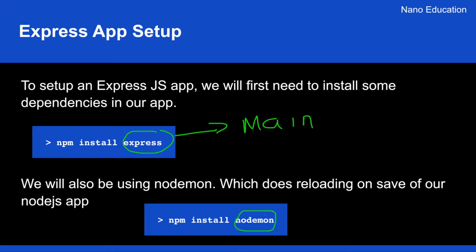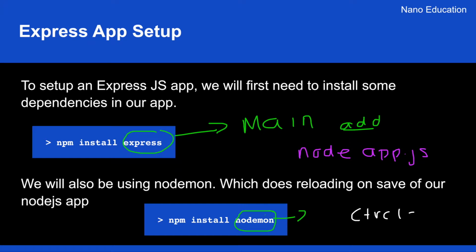Now, what is NodeMon? So let's just say that you were to run node app.js, right? And once I make a change, let's just say I add a line, I add something, right? I have to Control C out the environment. Then I have to rerun the command, right?